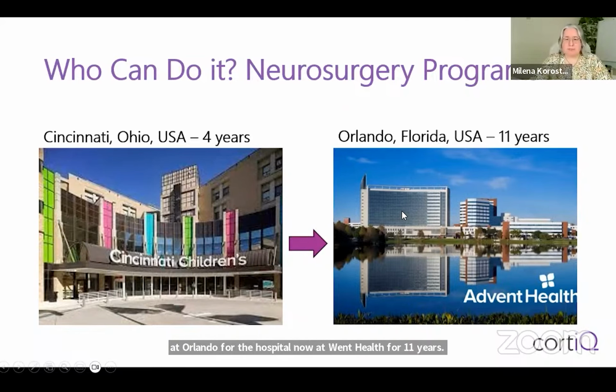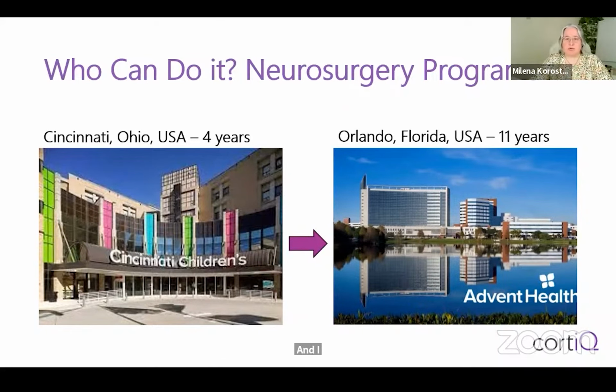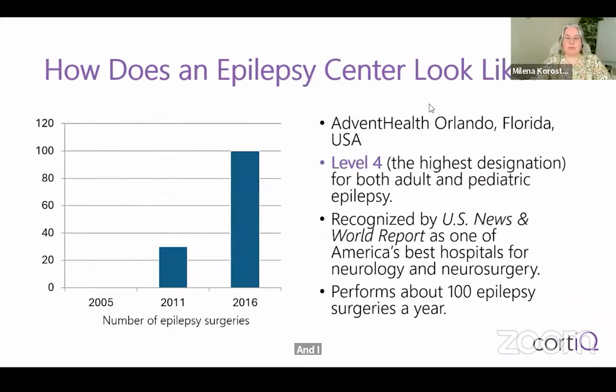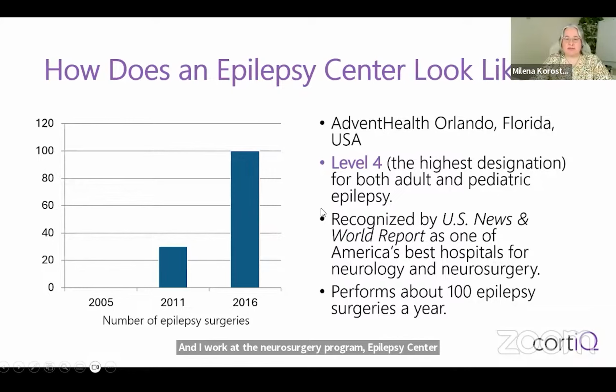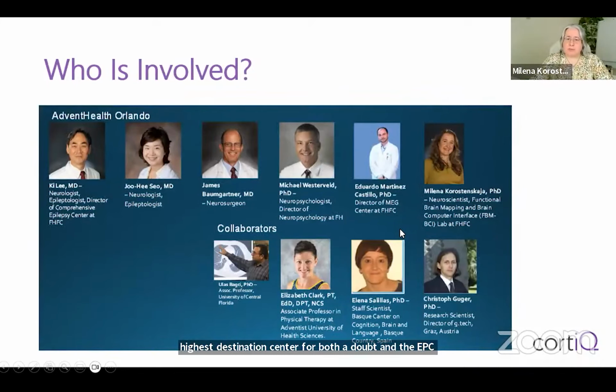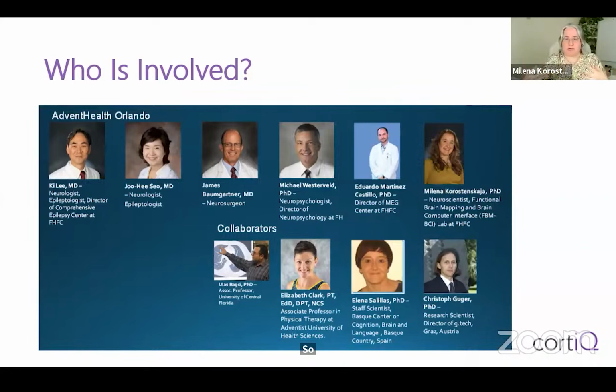And I work at the neurosurgery program, epilepsy center, and this is information about the epilepsy center at Advent Health, Orlando, level 4, so the highest designation center for both adult and pediatric epilepsy surgery, which has about 100 epilepsy surgeries a year. So usually the team is really big.